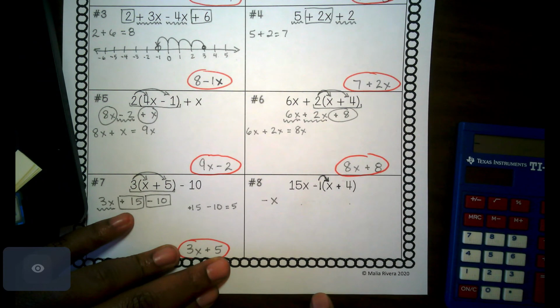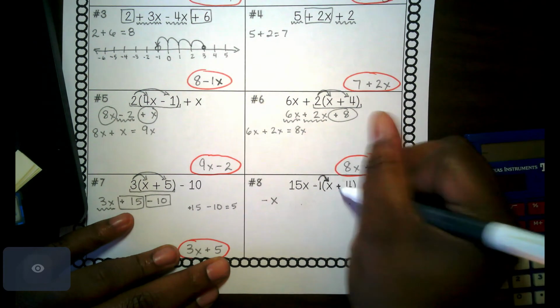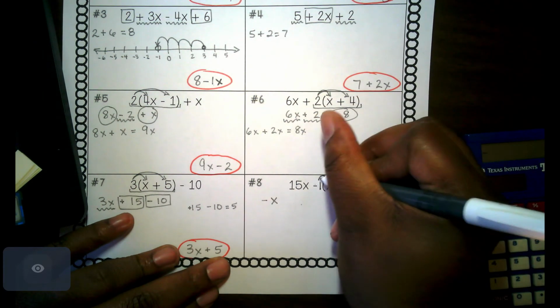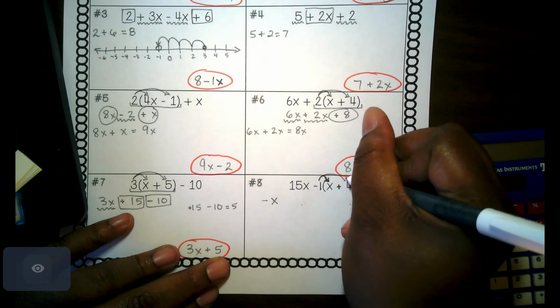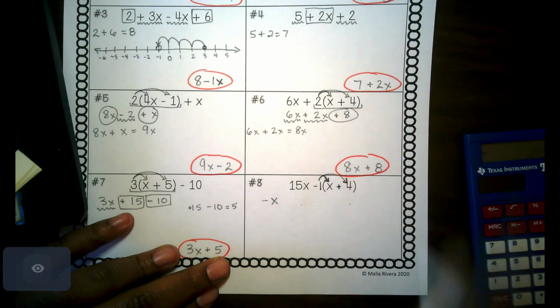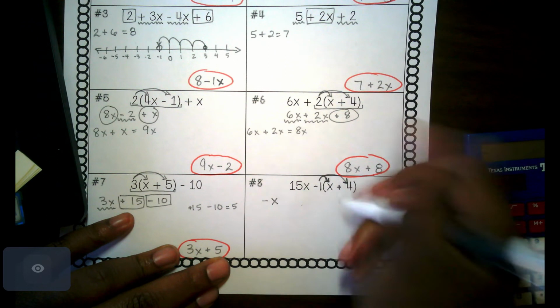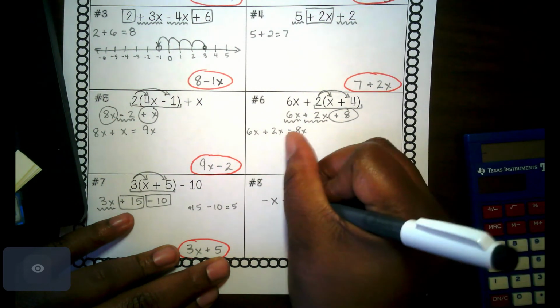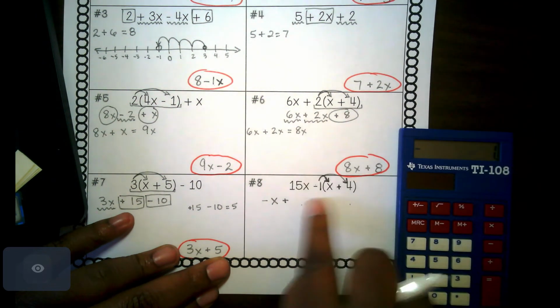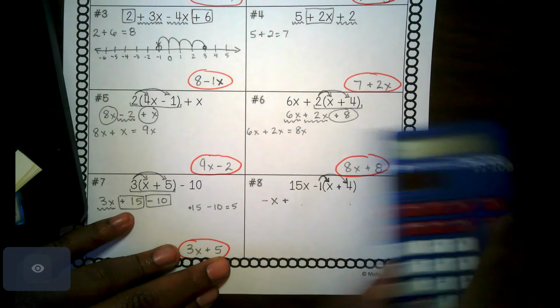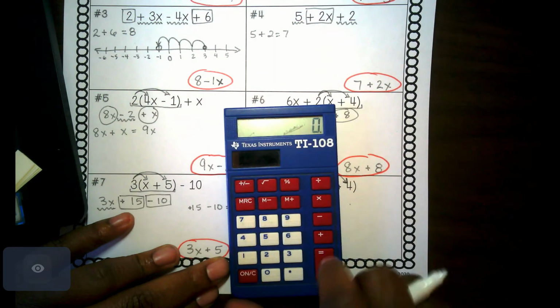And now I'm going to multiply this negative 1 times 4. See, I'm adding here. Negative 1 times 4. So I could put it in my calculator.